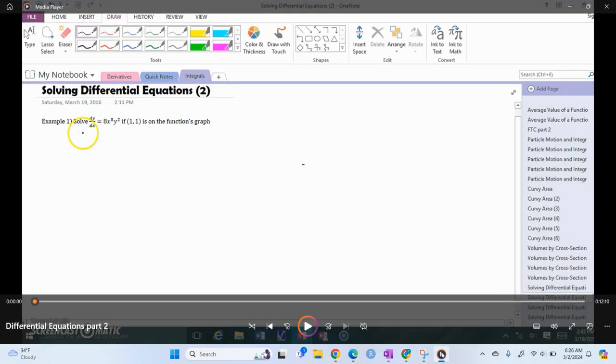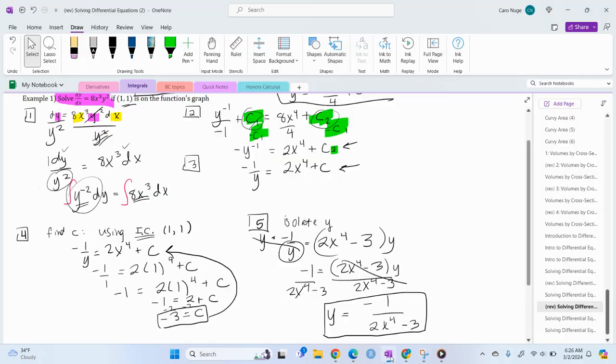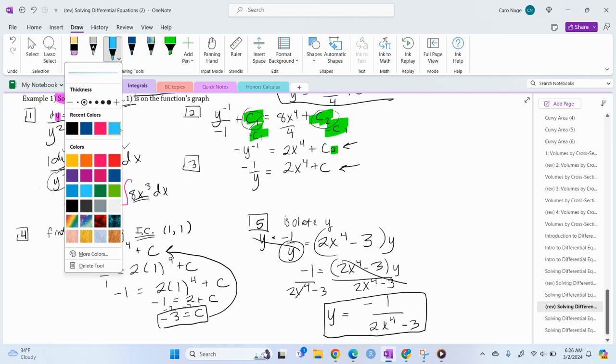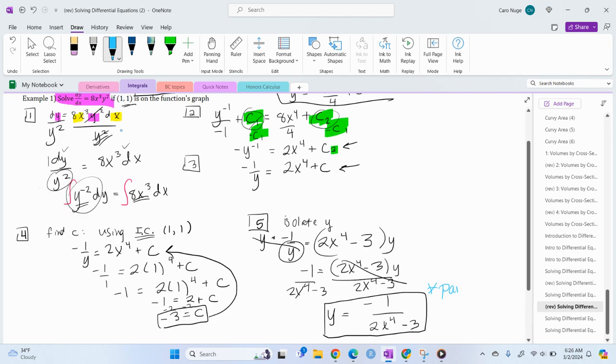And you know what else? If you find the differential equation with the c value, we're going to call this a special name, and you need to know this. It is called the particular solution. That is opposed to whenever you just find a general solution where you don't know what c is.